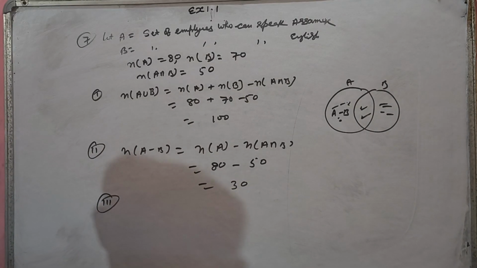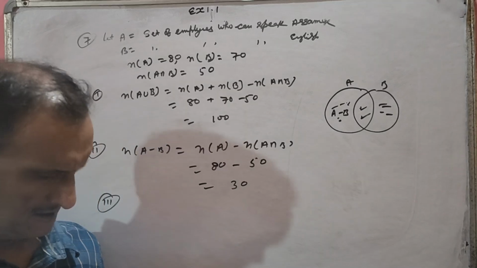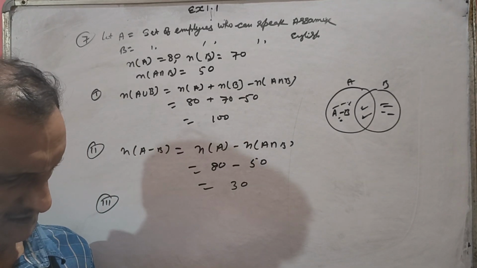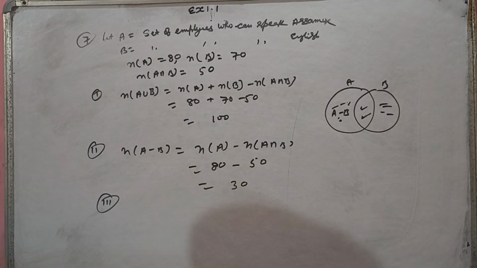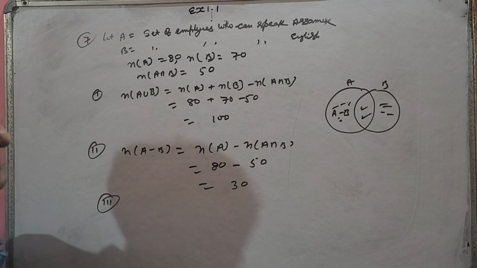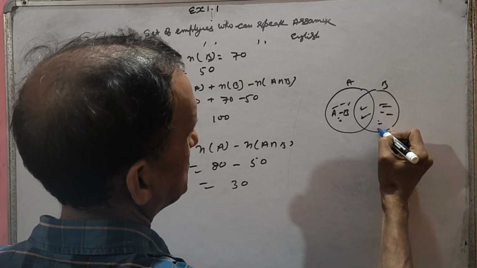Number 3, the question is asking how many of them can speak English only. English only, similarly, this portion only.